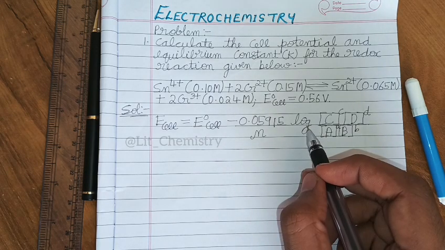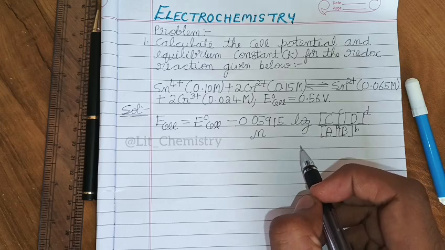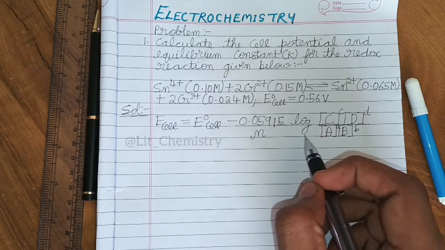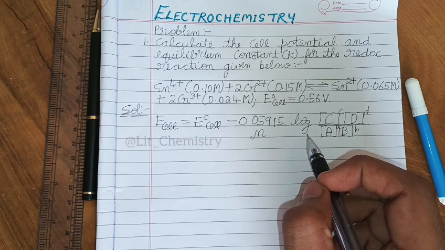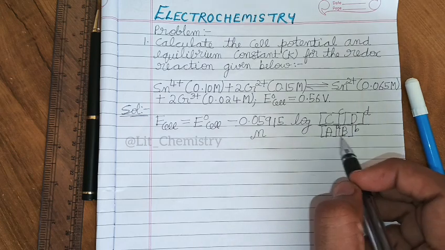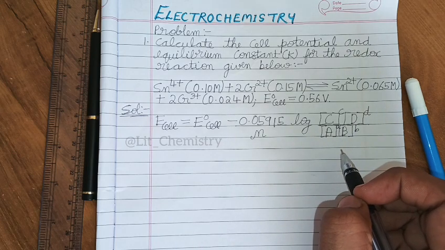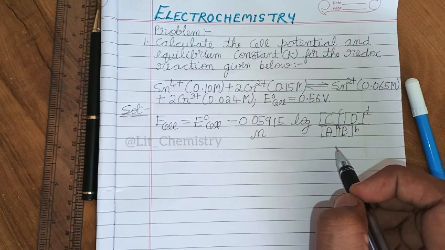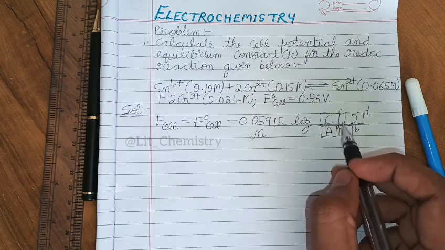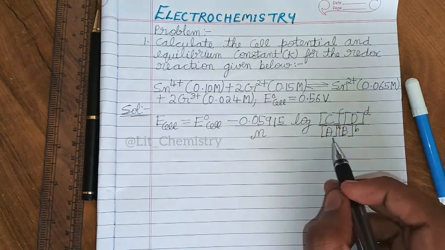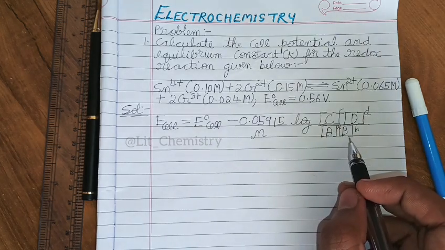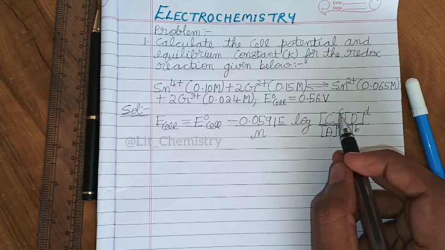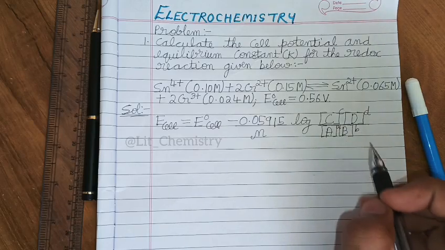Then we have log, which is nothing but the logarithm of the reaction quotient. Then at last we have this part, called the reaction quotient, where products are in the numerator and reactants in the denominator, each raised to the powers of their coefficient.